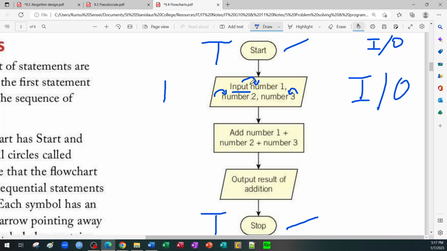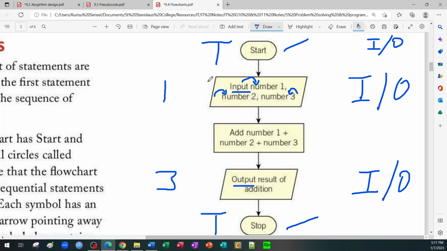So here we are using the parallelogram to indicate we are inputting data. Now at the third symbol here, we have the output keyword, which is being used once again for input output, and in this case we are outputting the result of the addition that we carried out here.